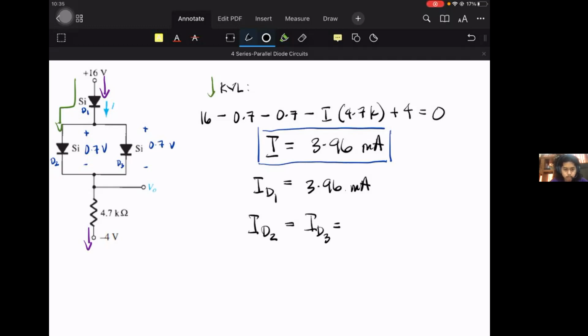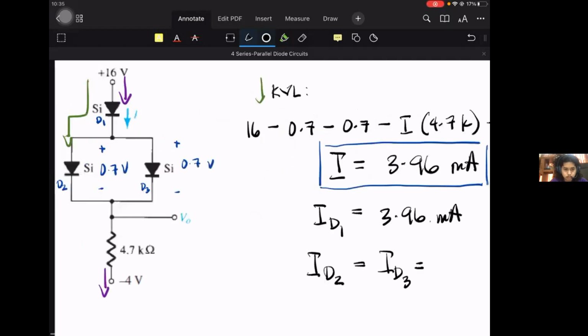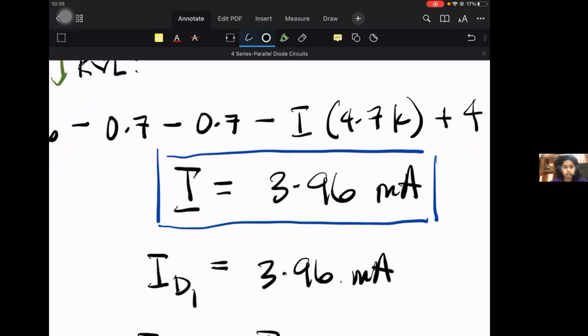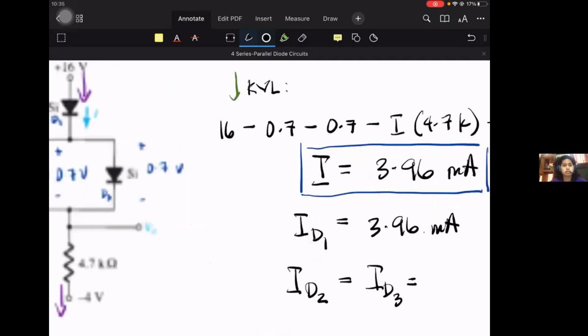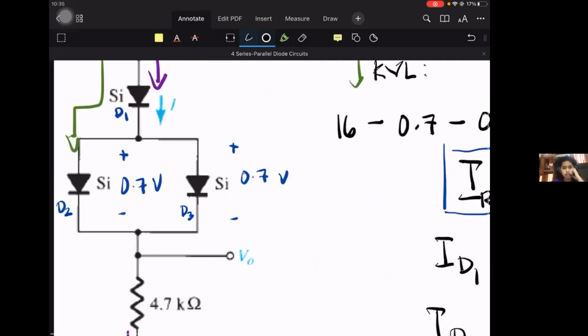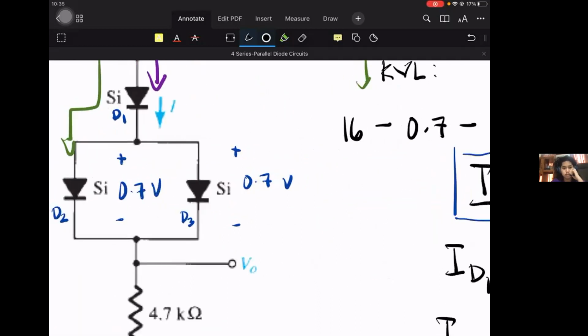Coincidentally, pareha naman sila ng silicon diode. So ang current nga mo flow, di ba? Ang current sa ID1 3.96 mabot ang current nga mo flow sa resistor IR. So by virtue of KCL, muna sila nga mga currents ang mugawas dire ug mosulod didto anode.